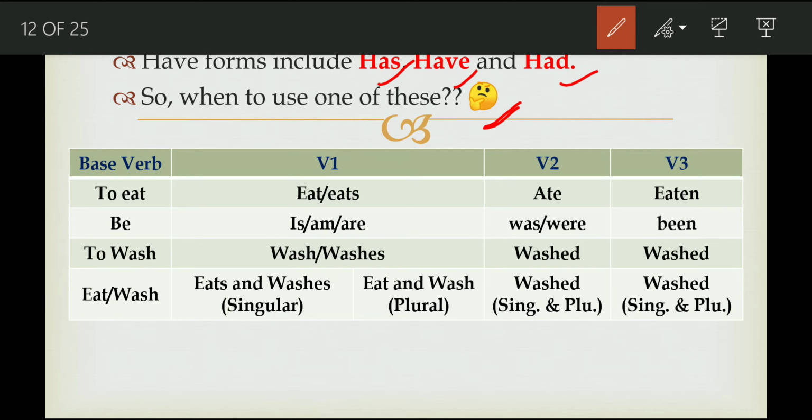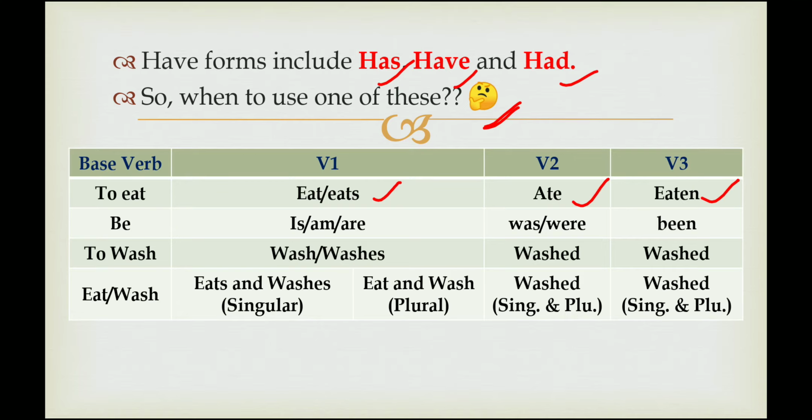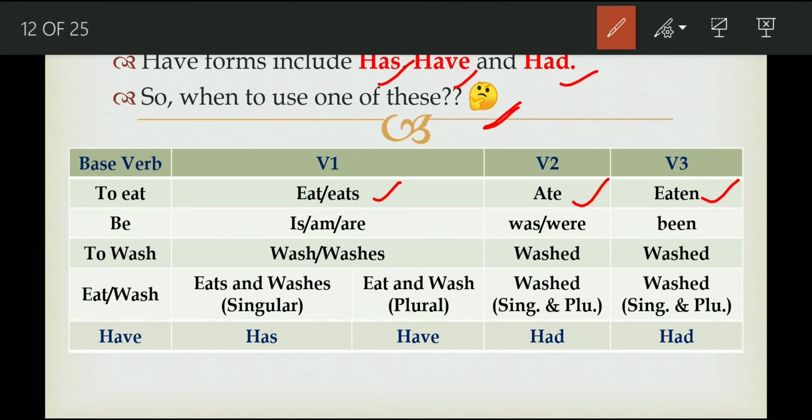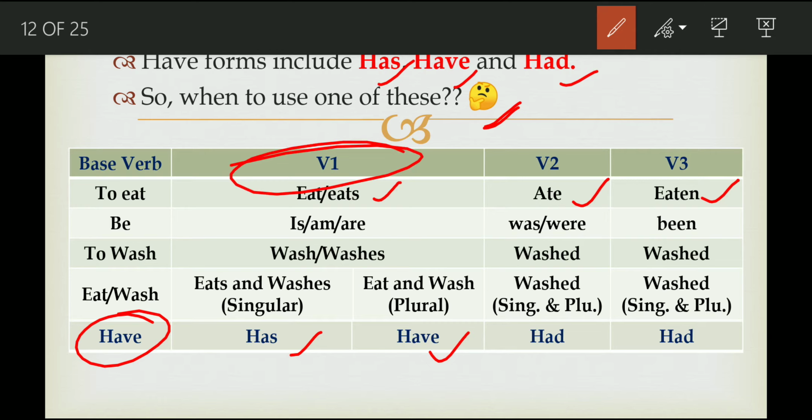For example, the same table we have seen: eat or eats, v2 is ate, eaten, we have seen already, right? Some extra thing we'll see is, for have forms, the base form is have, we say has or have as v1, had as v2, and had as v3.